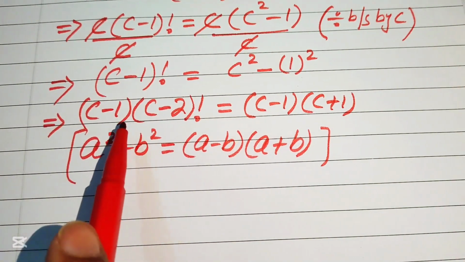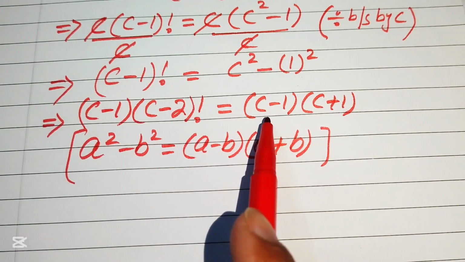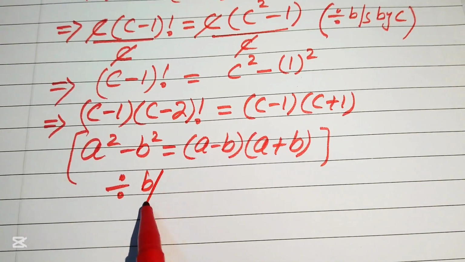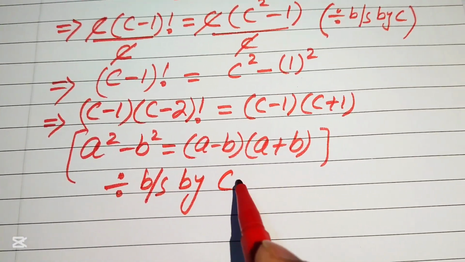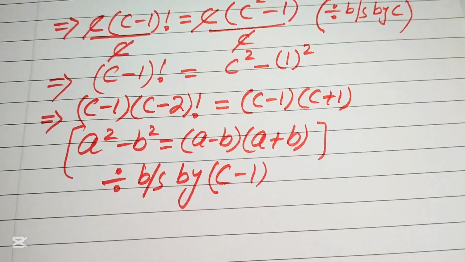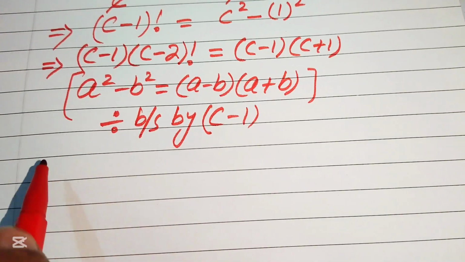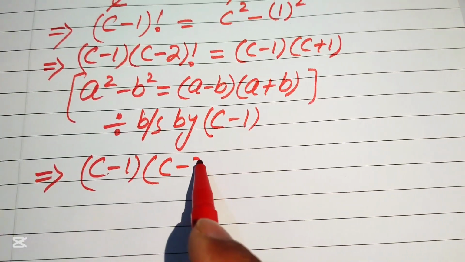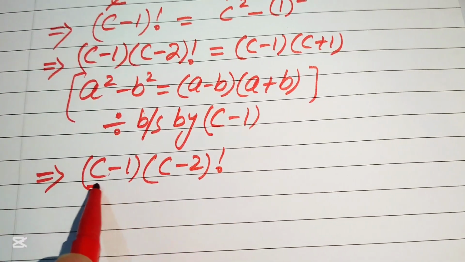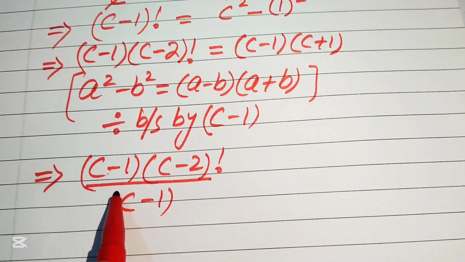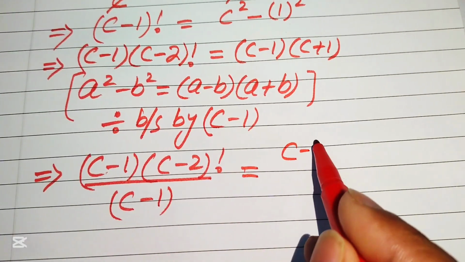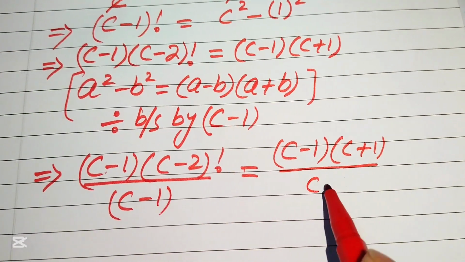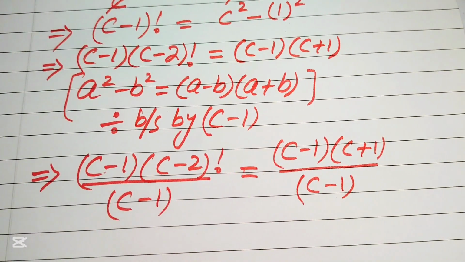Now you again see that the c minus 1 term lies on both sides, so we divide both sides by c minus 1. Our equation is written as c minus 1 into c minus 2 factorial divided by c minus 1 equals c minus 1 times c plus 1 divided by c minus 1.